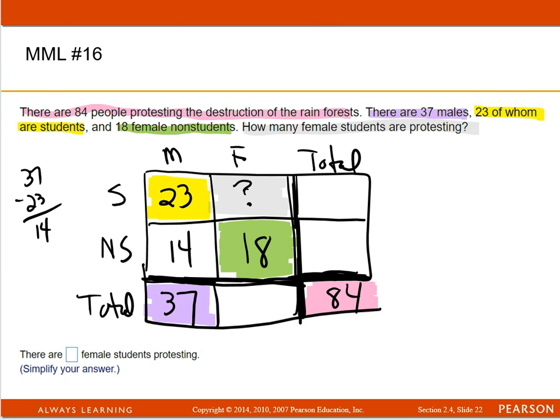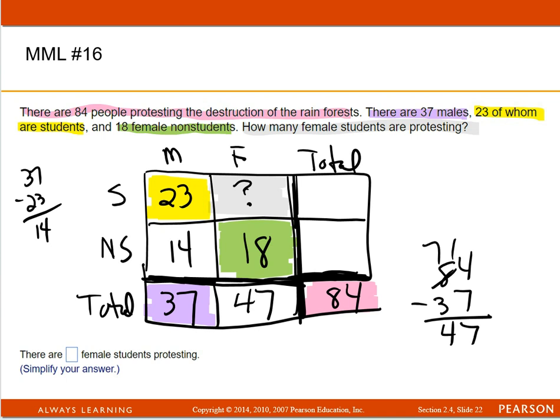Okay, well, let's see. Since I know there's 37 males and there's a total of 84 protesters, if I take 84 minus 37, that gives me 47 females altogether.